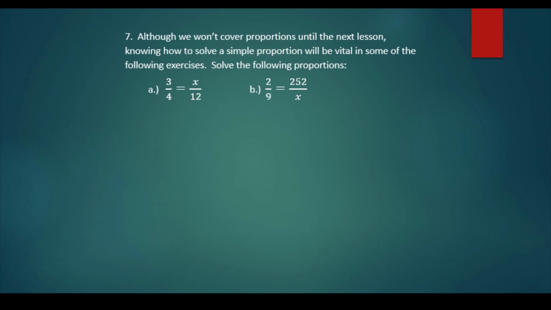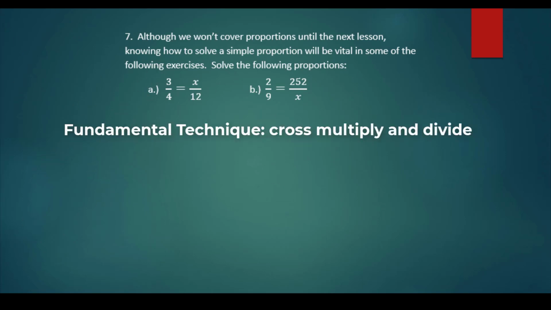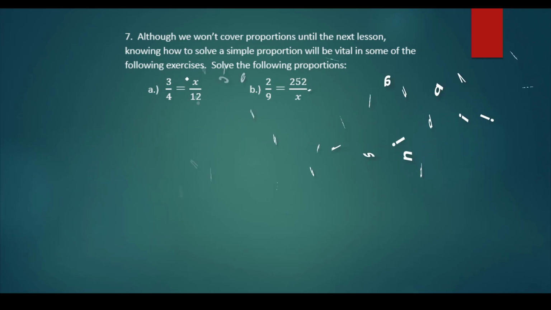So here we're going to solve two equations using what I call our fundamental technique of cross multiply and divide. So what I am going to do is cross multiply that one and that one.